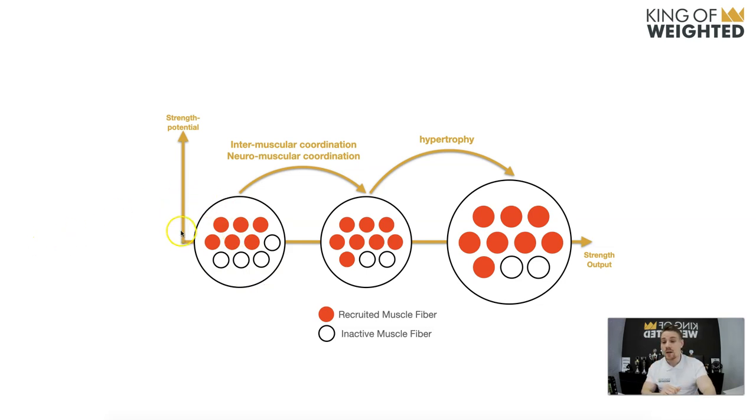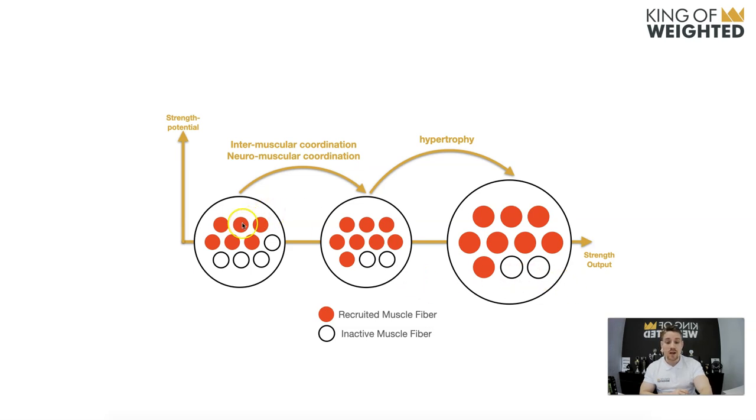We have the y-axis here, which is the strength potential. So the bigger that circle is, the bigger the strength potential of that muscle is. And on the x-axis, we have the strength output, which tells you how much weight that muscle can move.